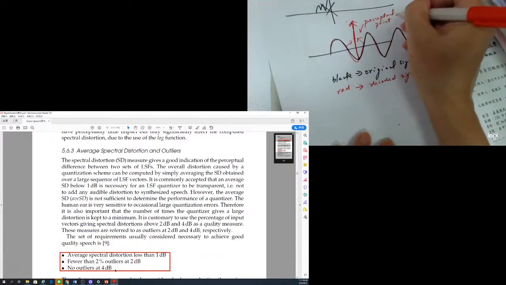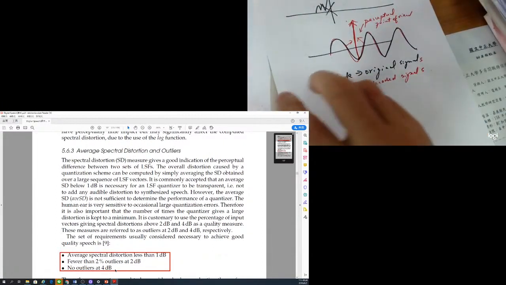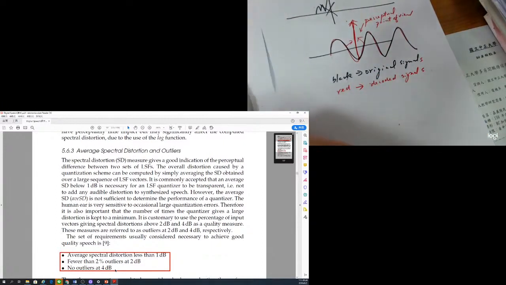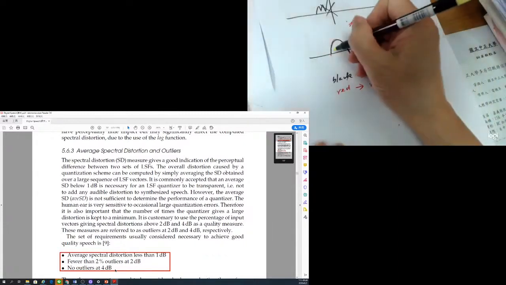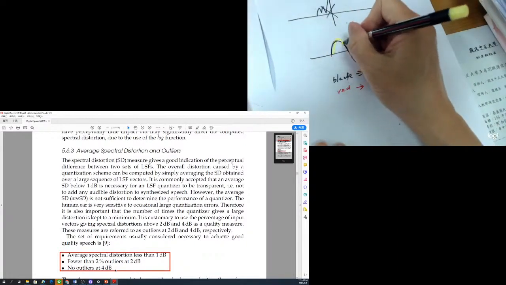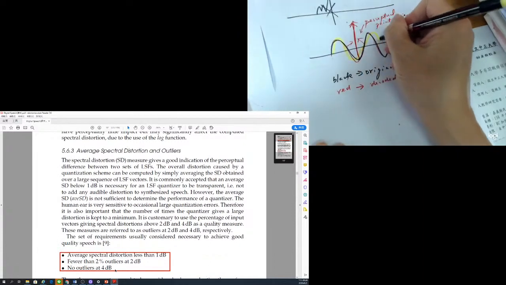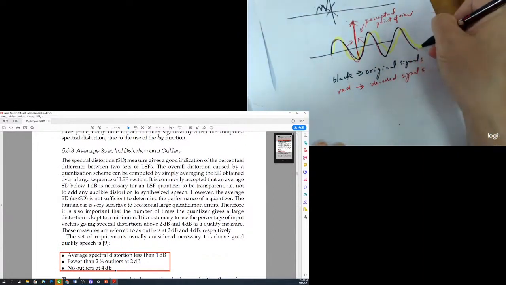If you recover a signal with a little bit of distortion, it's not a perfect match.